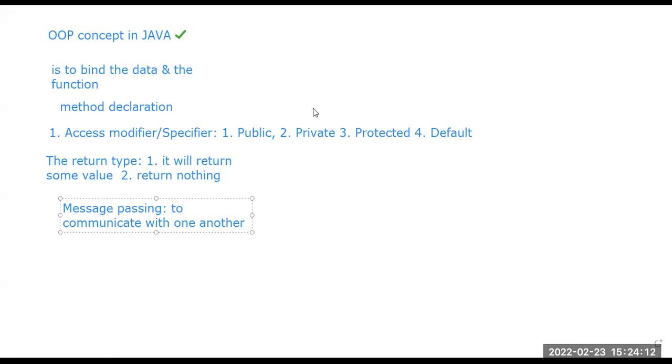It represents a set of properties. A class will contain some set of properties or methods that have common features that are common to all the objects of that type, right?